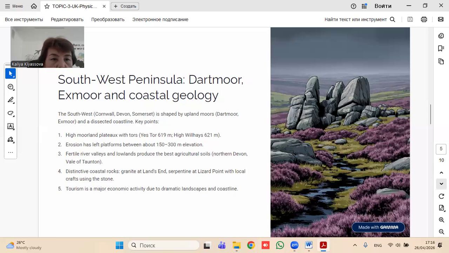Fertile river valleys and lowlands produce the best agricultural soils, such as northern Devon and the Vale of Taunton. Distinctive coastal rocks: granite at Land's End, serpentine at Lizard Point, with local crafts using stone. And the last point: tourism is a major economic activity due to dramatic landscapes and coastline.